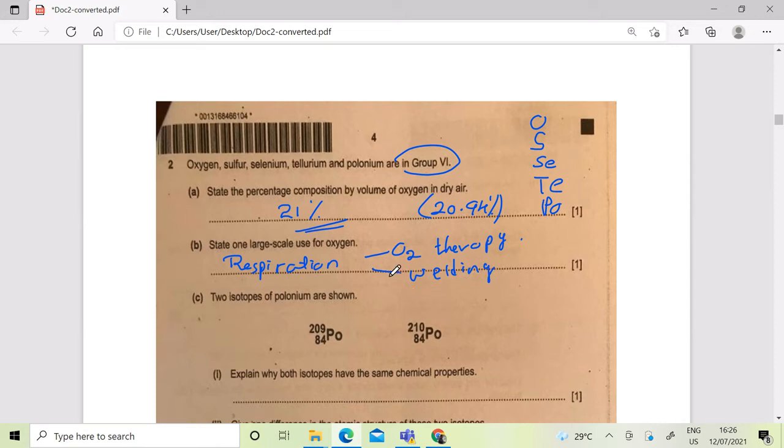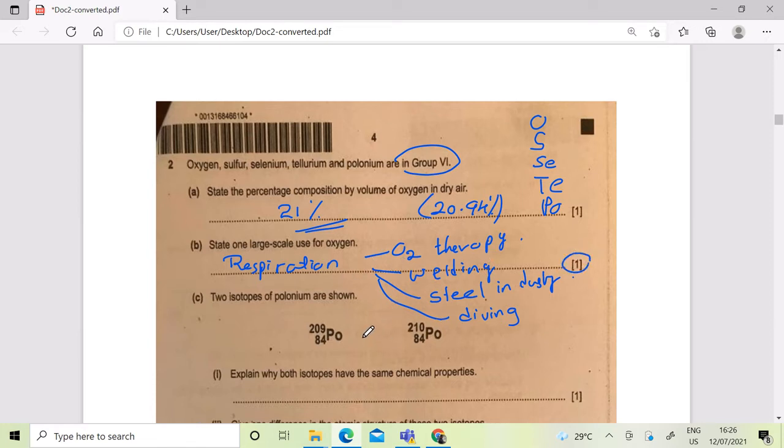And for the steel industry, we require oxygen in the steel industry. At the same time, we require life supporting systems such as aircraft and diving. So any one of yours will be enough to get 1 mark.